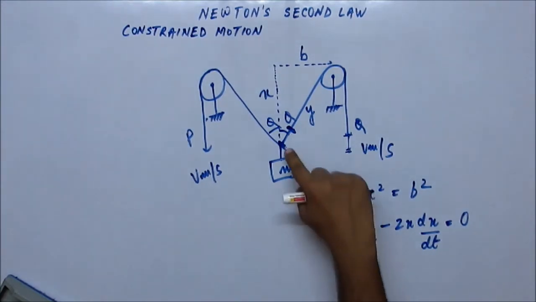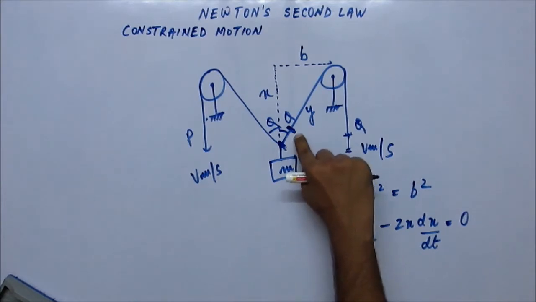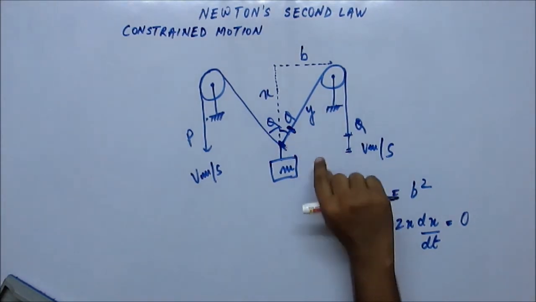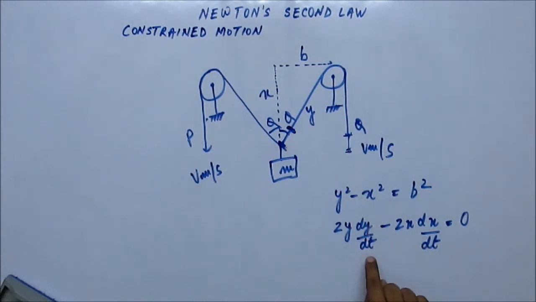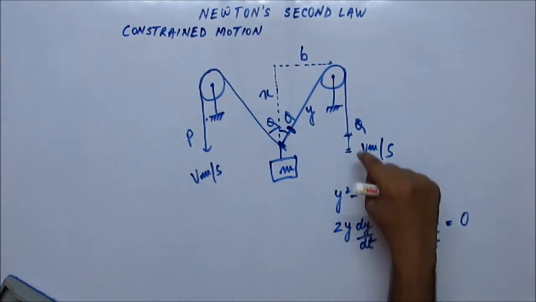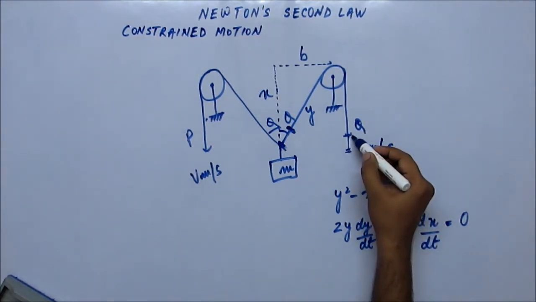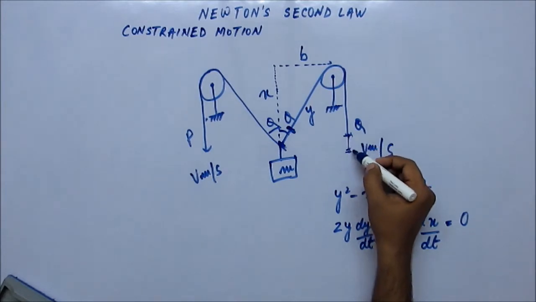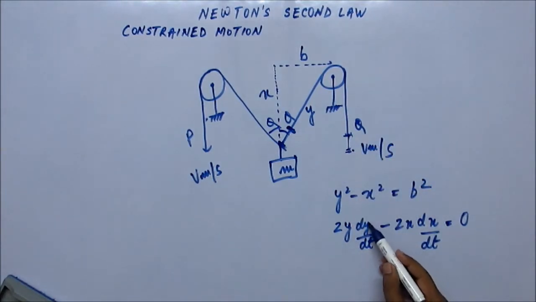So dy by dt, a very small change in y in a very small change in time dt, is the same change in the position of point Q. So dy by dt is actually the velocity of point Q.